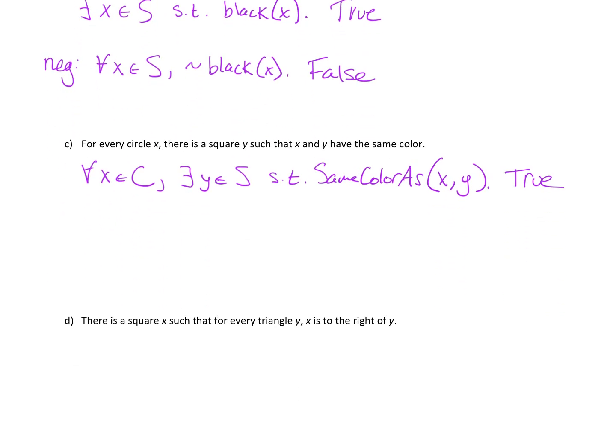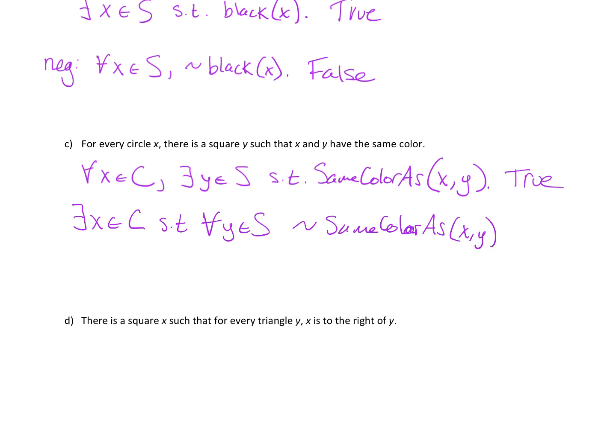And then the negation will be false because negations always have opposite truth values. But to negate it, the for all x's becomes a there exists an x in C, such that the there exists a y in S becomes a for all y in S, not same color as x, y.